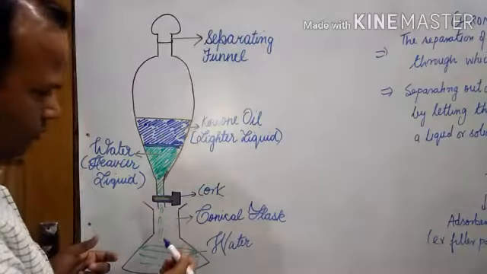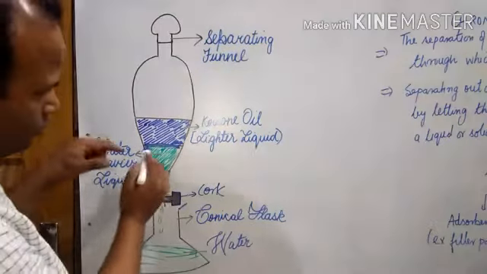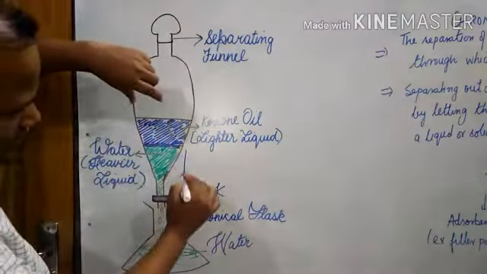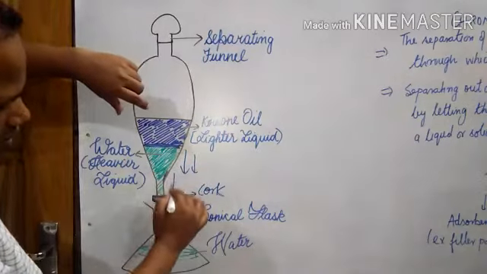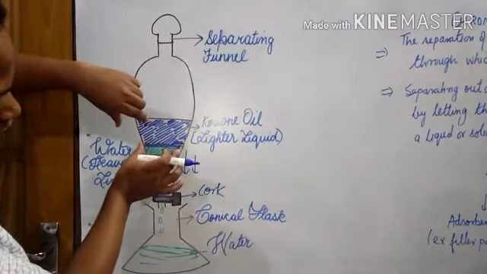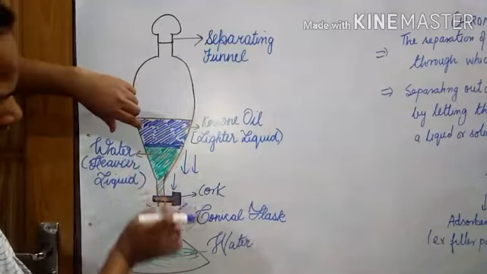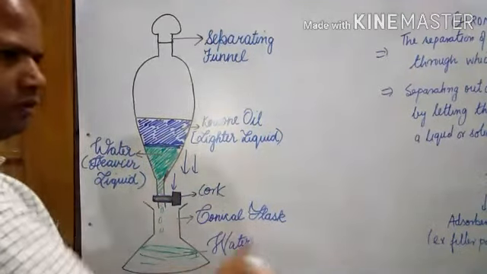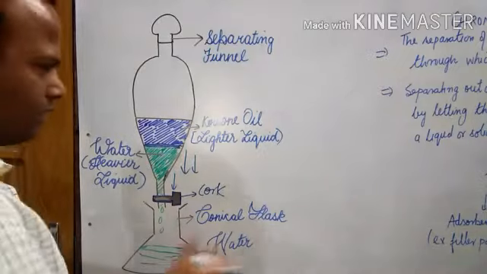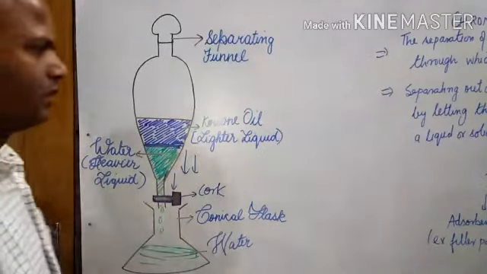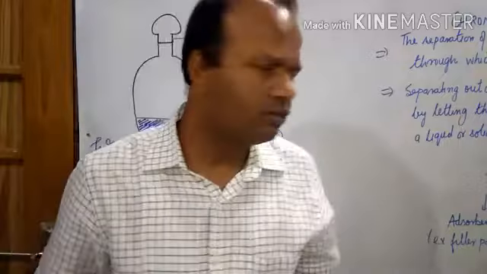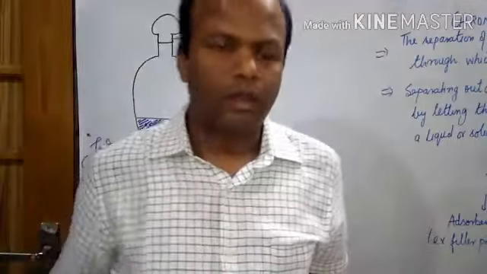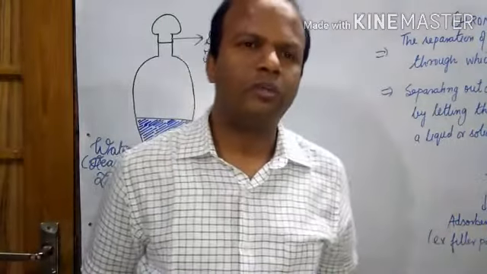So slowly, by dropping, the level will go down, and as soon as we come to this level, we close it, put another beaker or vessel, and then collect the lighter liquid. This way, dear students, we collect both of the liquids in an immiscible liquid mixture.